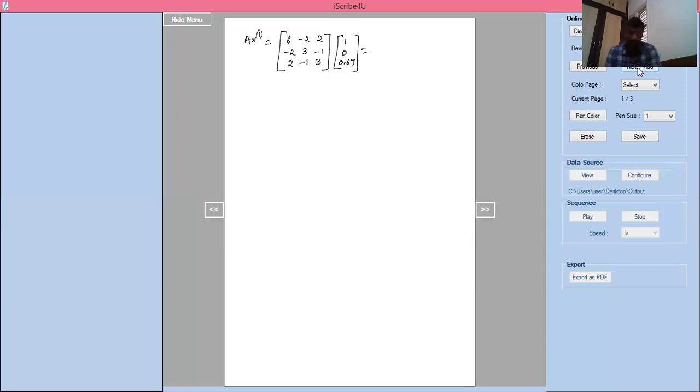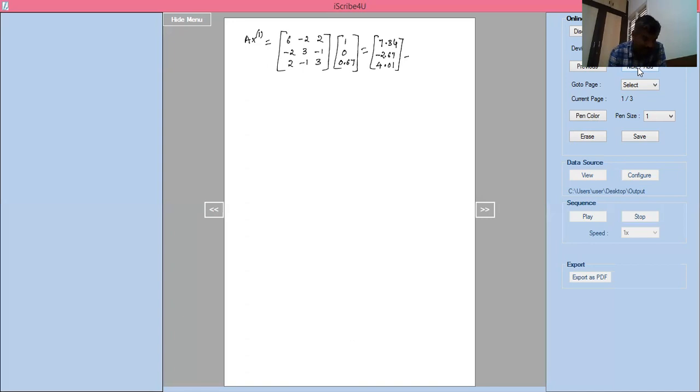If you multiply, 6 into 1 is 6, minus 2 into 0, plus 2 into 0.67. Multiplying this, you will get 7.34 minus 2.67, which is 4.01.